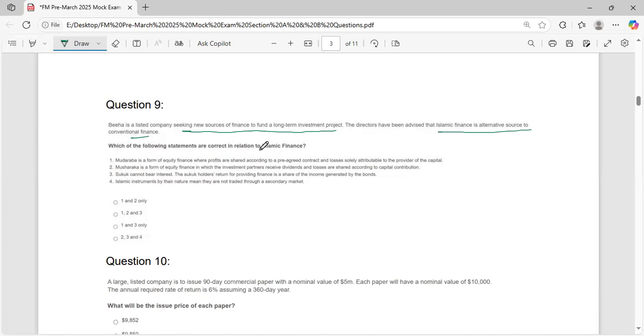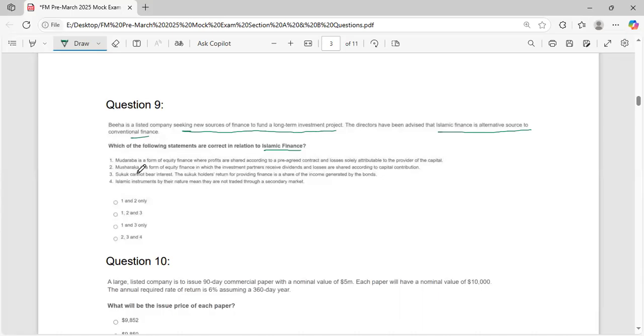Which of the following are correct in relation to Islamic finance? Mudarba is a form of equity finance where profits are shared according to pre-agreed contract and losses solely attributable to the provider of the capital.